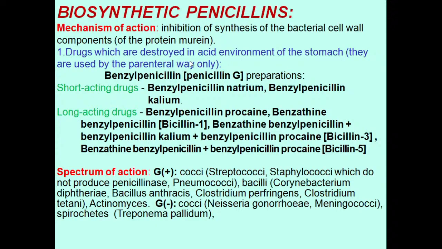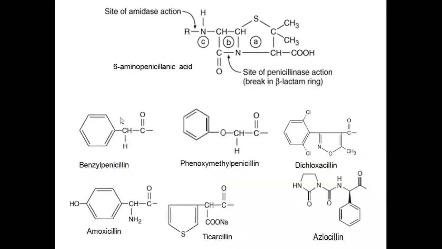Biosynthetic are drugs which are destroyed in the acidic environment of the stomach. They are used only by the parenteral way. Biosynthetic are benzylpenicillins. All the rest are semi-synthetic. Exactly this chemical structure is produced by mold fungi.